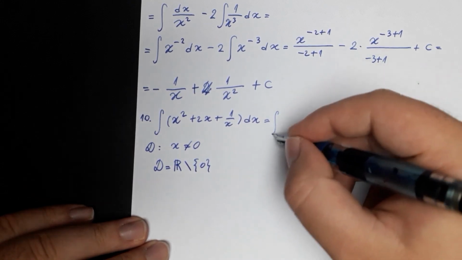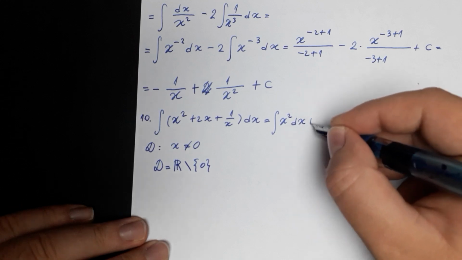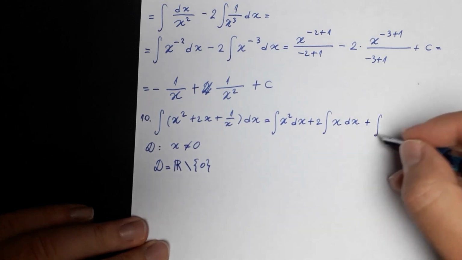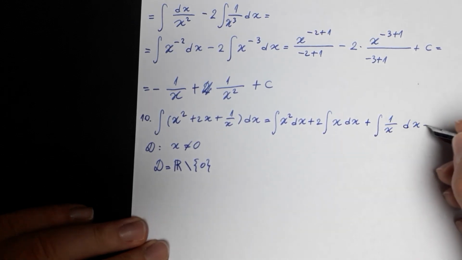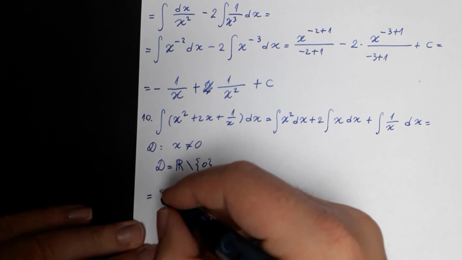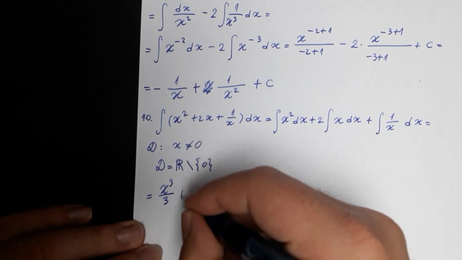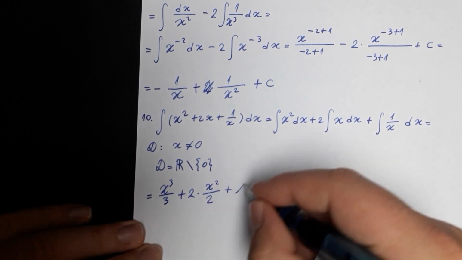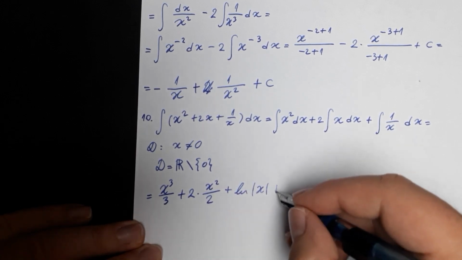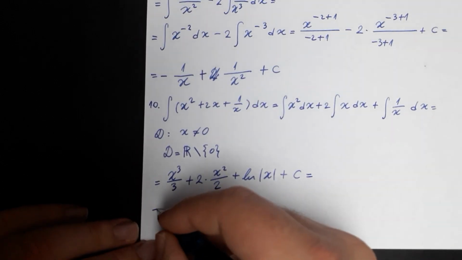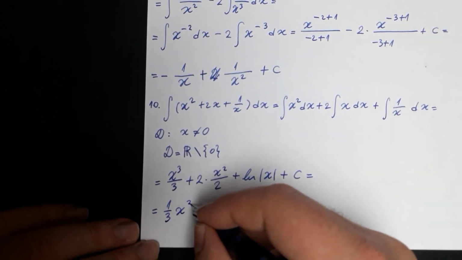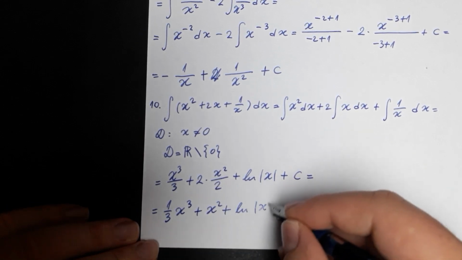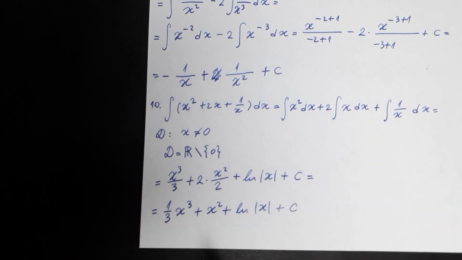This is then equal to the integral of x squared dx plus 2 integrals of x dx plus the integral of 1 over x dx. This is then equal to x cubed divided by 3 plus 2x squared divided by 2 plus ln of the absolute value of x plus c, which is equal to 1/3 of x cubed plus x squared plus ln of x under the absolute value plus c.